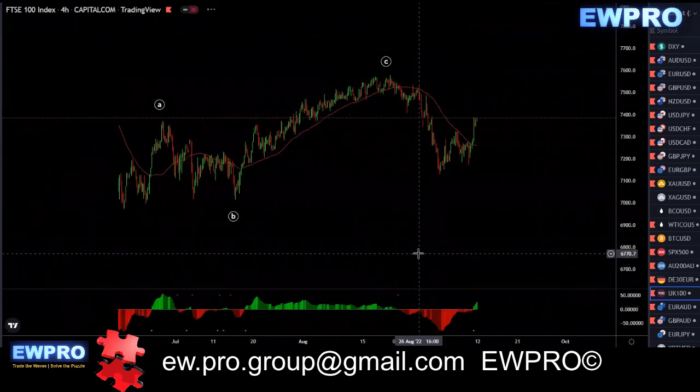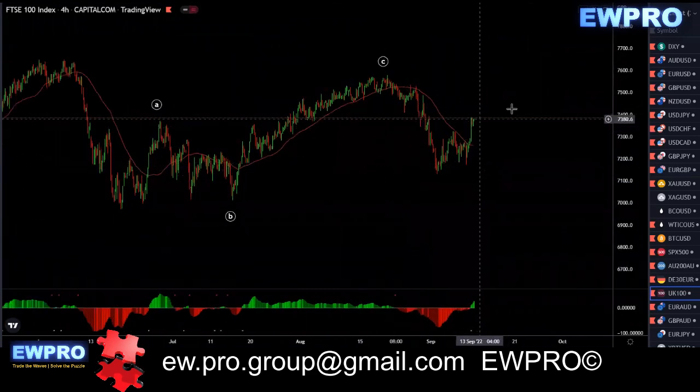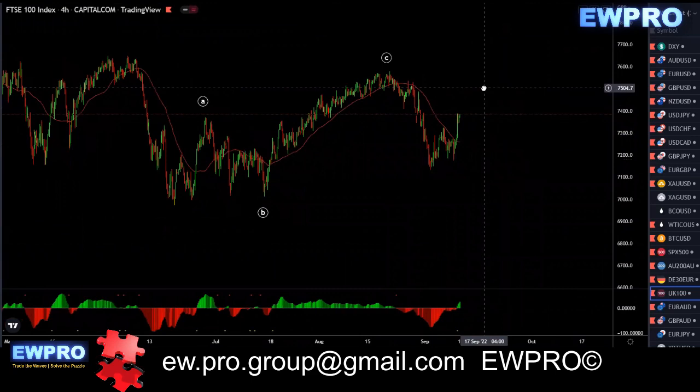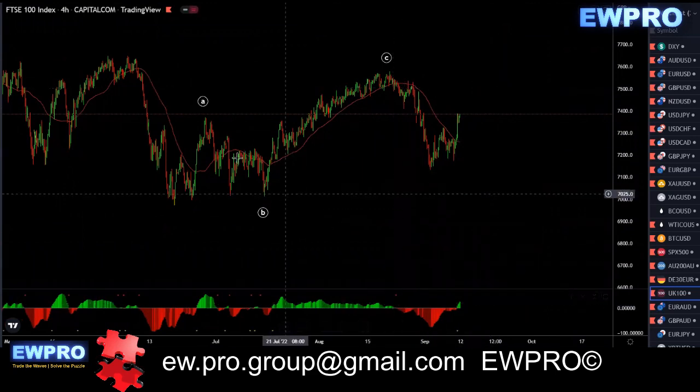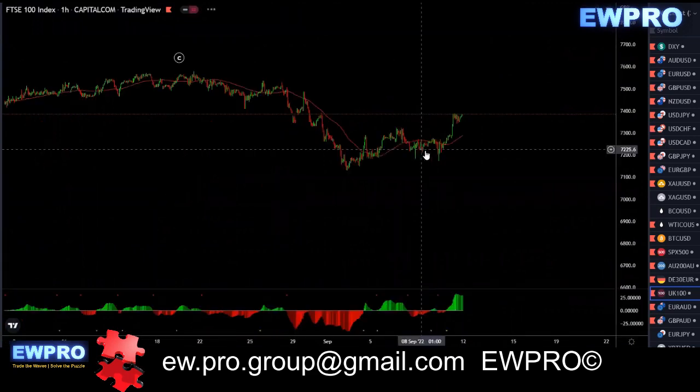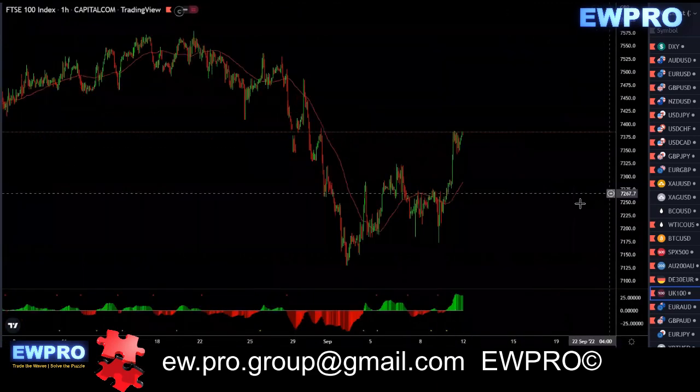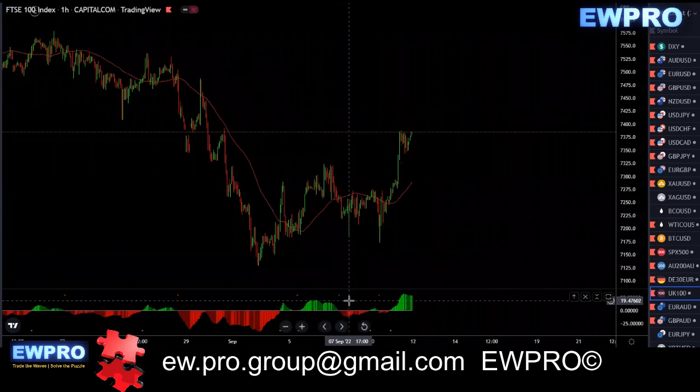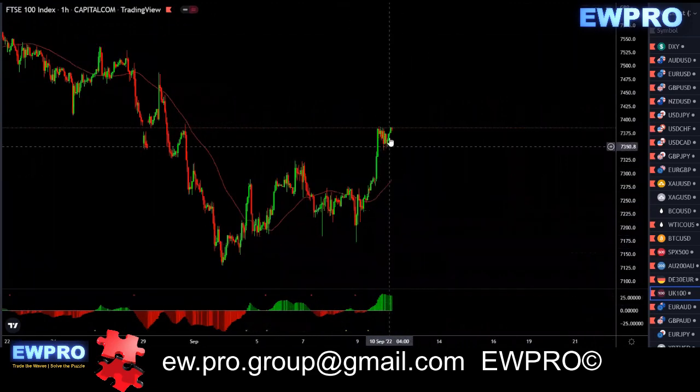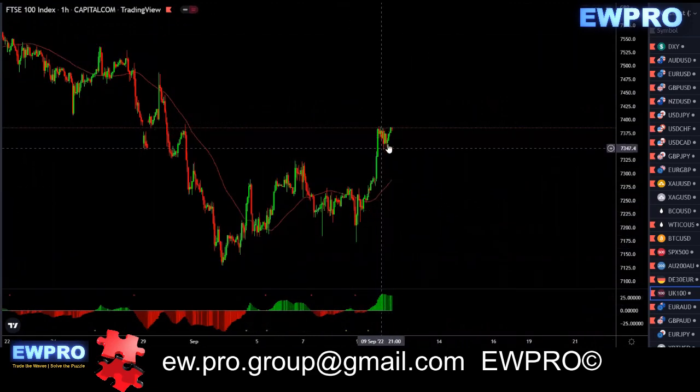On the H4, we got a cross up. Really nothing on the, you know. Again, we don't have any bearish divergence, and you are getting a little bullish setup in here.